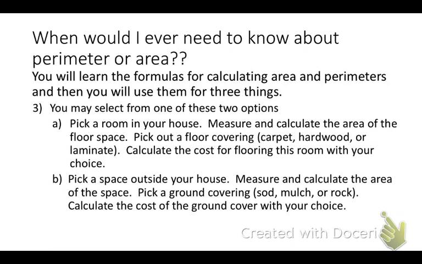You can measure and calculate the area of that space and pick a ground covering like sod, mulch, rock. There might be other ones that you're interested in, and calculate the cost of the ground cover for the space that you have chosen.